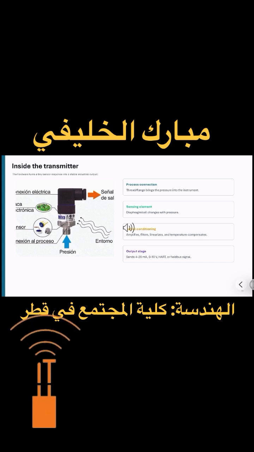Then the signal conditioning circuit amplifies, filters and corrects the signal. Finally, the output stage sends the final signal, such as 4 to 20 milliamps, 0 to 10 volts, HART or fieldbus.